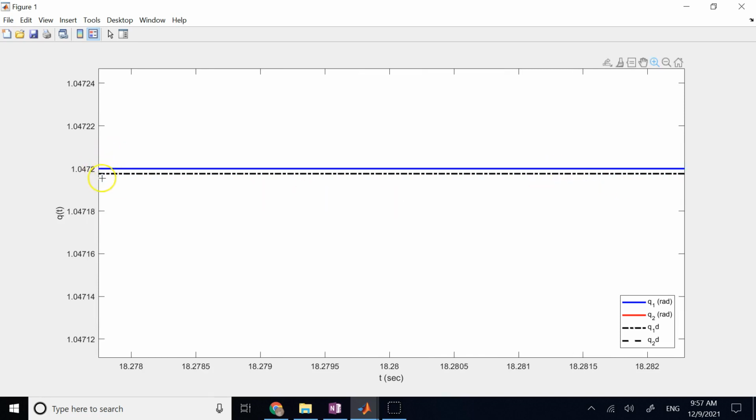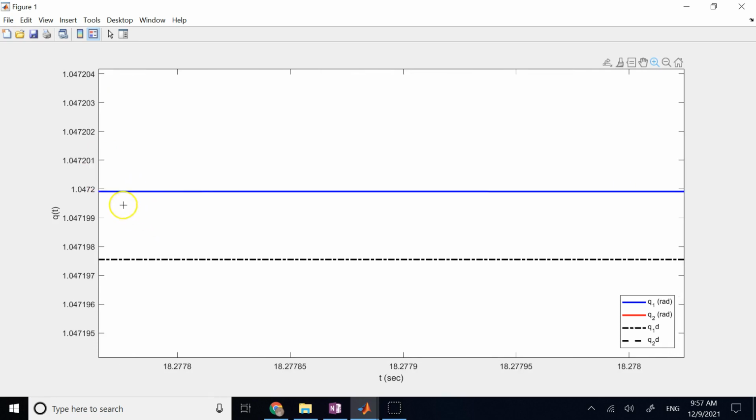And if you look here, you see the difference between the desired and the actual signal is what? If you see, they are the same until what? 4 digits almost. So up to 4 digits, they are the same. So the error is of order 10 to the negative 4 radians. It's very, very small. That's for Q1.